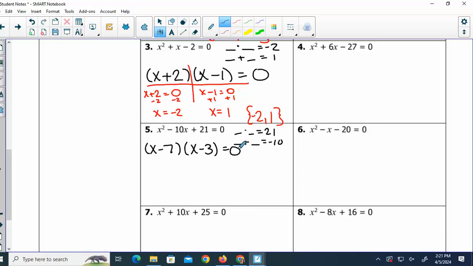Then set each of those to 0. So if we add the 7, we get +7. The 3, we get positive 3.